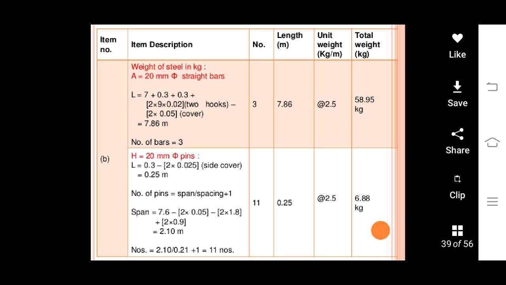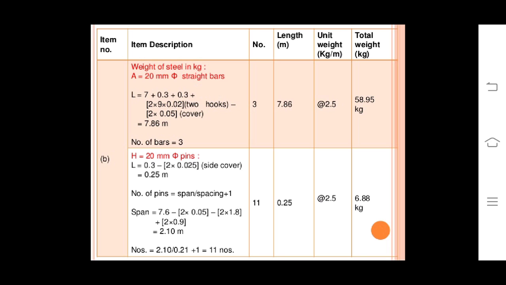The total length for this 20 mm bar is 7.86 meter. The total number of bars for one beam is 3. Therefore, the total weight of bar required for 20 mm is 3 into 7.86, and the unit weight per meter is 2.5, which gives the total weight of the 20 mm bar as 58.95 kg.